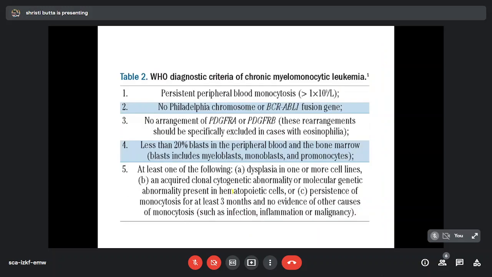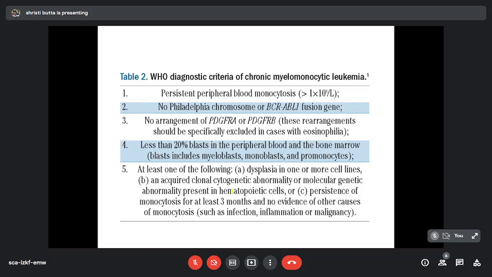Now, WHO says that chronic myelomonocytic leukemia can be diagnosed when a patient has a persistent peripheral blood monocytosis. So it's a chronic myelomonocytic leukemia, which is associated with blood monocytosis. No Philadelphia chromosome, no PDGFRA or PDGFRB, which is specifically associated with myeloid neoplasm with eosinophilia. And the blast count, as I said, is less than 20%.